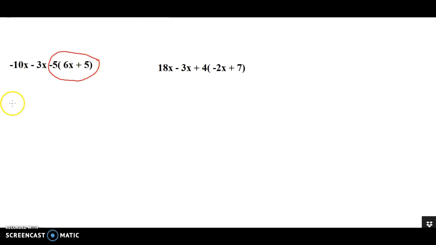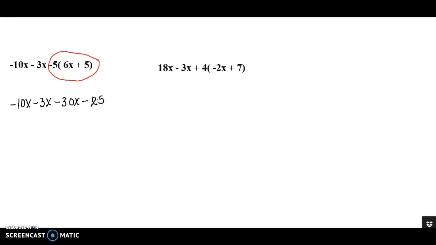I'm going to rewrite the negative 10x minus 3x. And now I'm going to perform the distributive property here. I get a negative 30x minus 25.